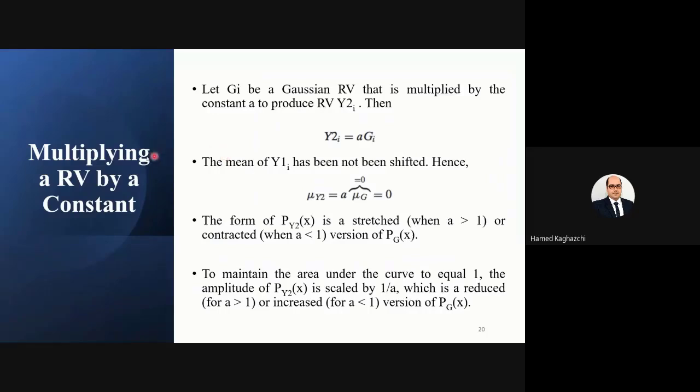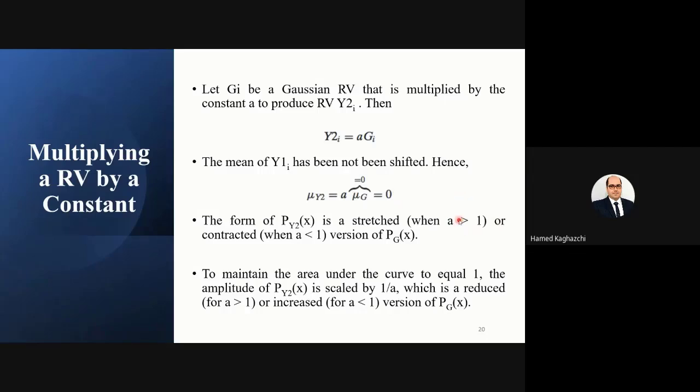Okay, now if I multiply a random variable by a constant, now I multiply the G1. What happened in this case? Because I said that the mean value of G is equal to 0, if I multiply a constant value with 0, it means that my mean value will be 0. In this case, my mean value will not change, but I will have a change in the form of the probability density function, in the form of the bell-shaped curve.